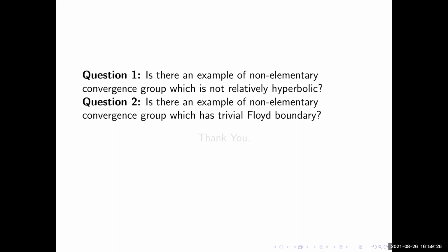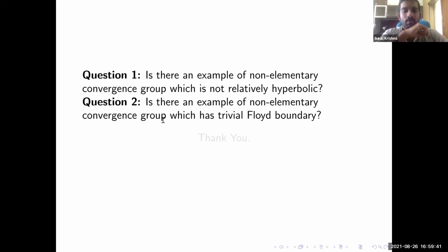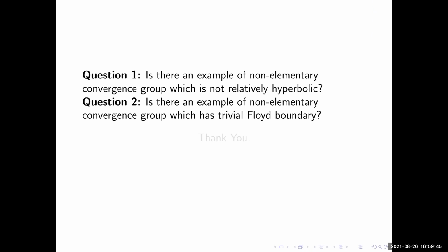And actually, the answer to question 2, if we are able to find a non-elementary convergence group which has trivial Floyd boundary, then immediately we'll have the answer to question 1, if we are able to find this. But there are thick groups, thick graphs of groups. So they have trivial Floyd boundary. But even in that situation, we don't know whether they are non-elementary convergence groups.